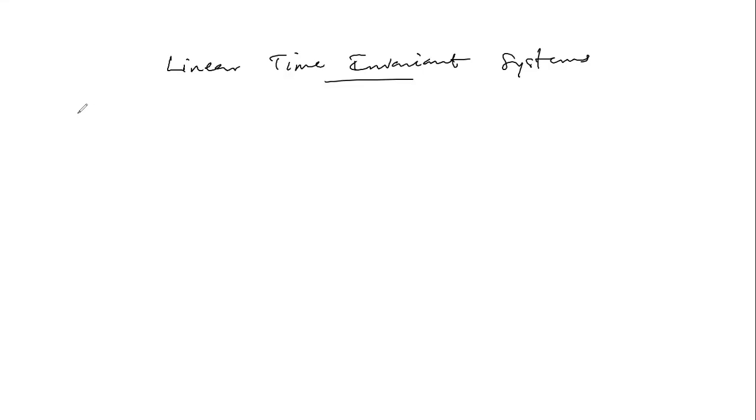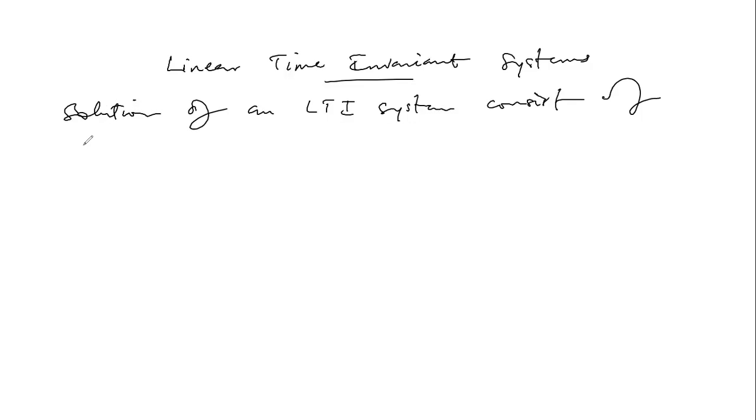So the solution of an LTI, meaning a linear time invariant system, consists of two major components.